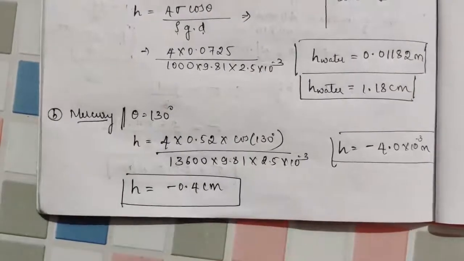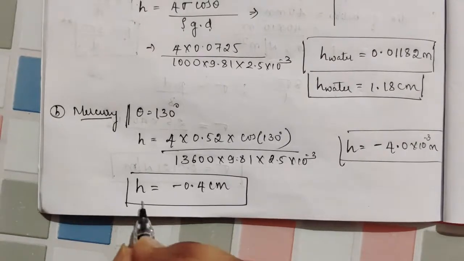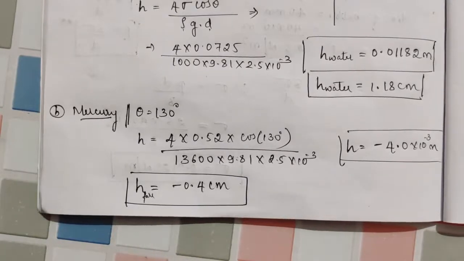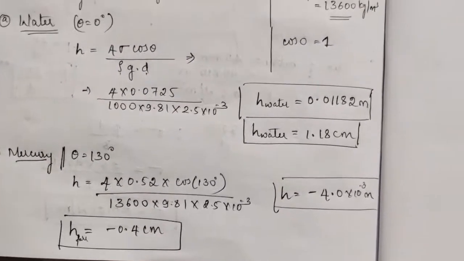So whenever you calculate the capillary rise or fall with respect to mercury, in the case of mercury it is a fall, and it will always be negative. So 0.4 centimeter. I hope you understood how to solve this.